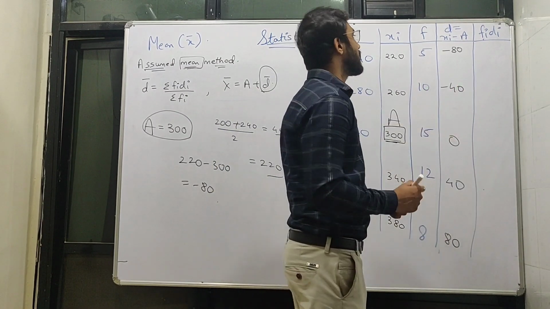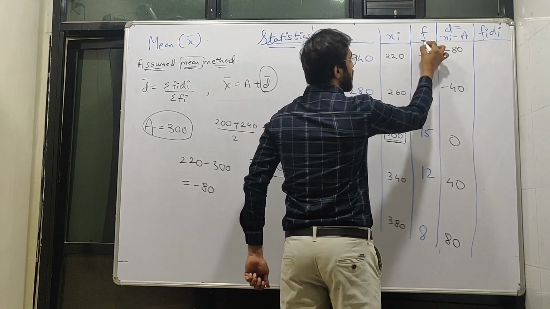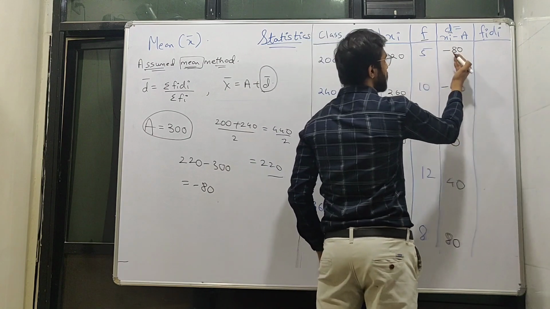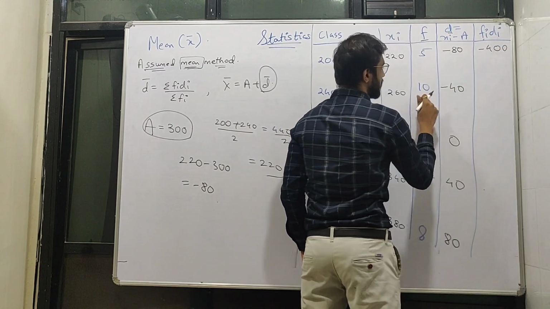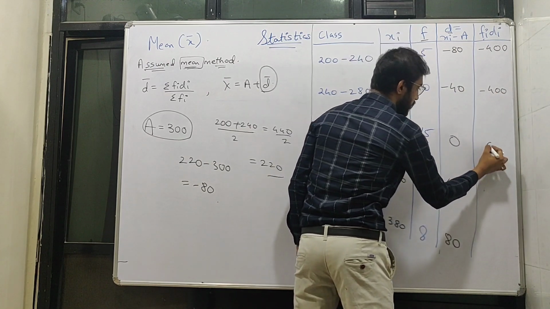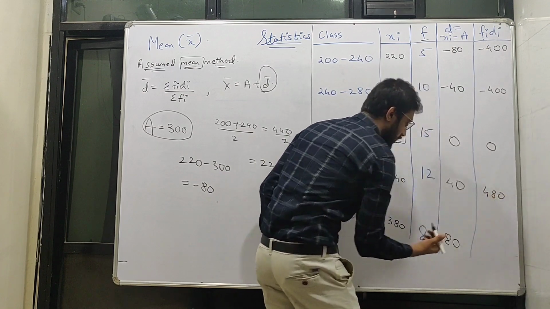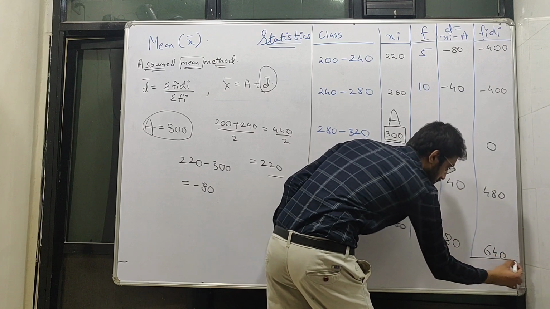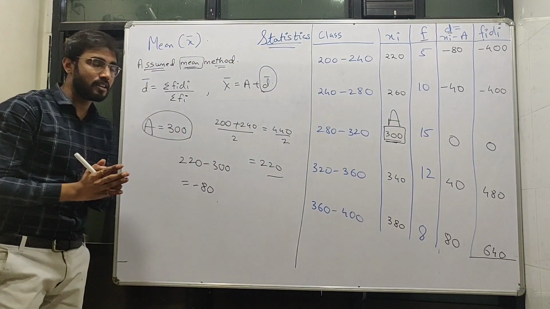The last value, again the simplest one, is fi di, as in multiplication of these both terms. So 5 into 80, 5 8s are 40 and 400. 10 into 40 is 400. 0 into anything is 0. 12 4s are 480 and 8 8s are 640.